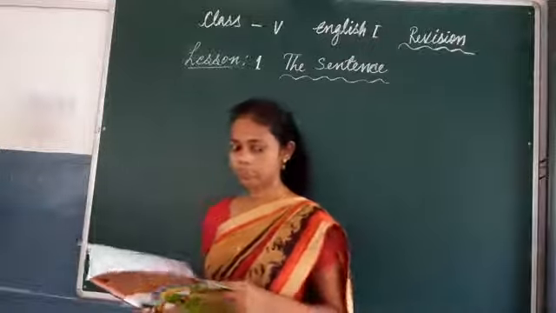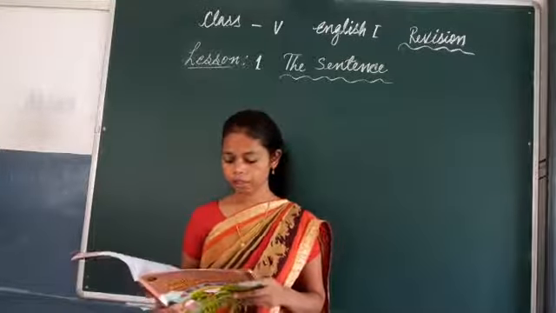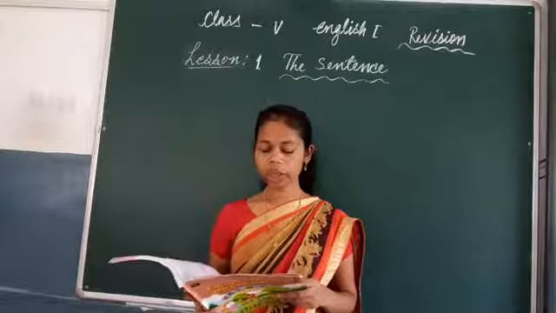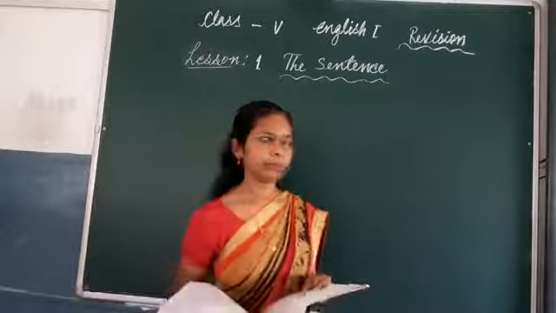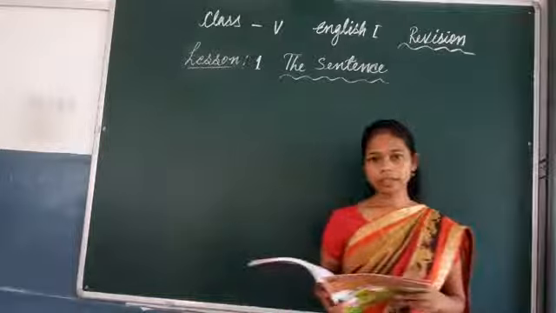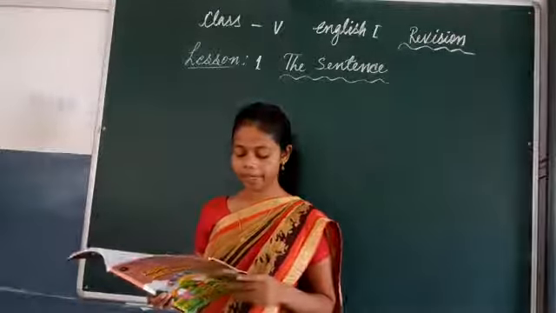I is the subject here, then have passed the examination, that is the predicate. Number 3, we went on a picnic. We is the subject, then went on a picnic is the predicate.